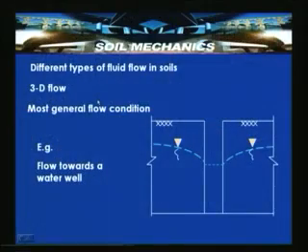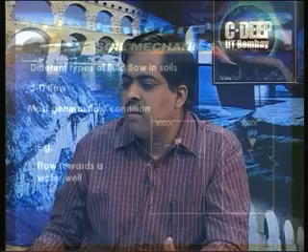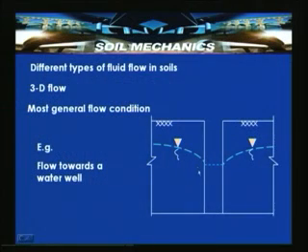So, what we are doing is discussing the different types of fluid flows in soils, and we are also trying to understand them with some salient examples. Three dimensional flow is the most general flow condition, for example the flow of water towards a water well. You can see a borehole which was driven into the ground.